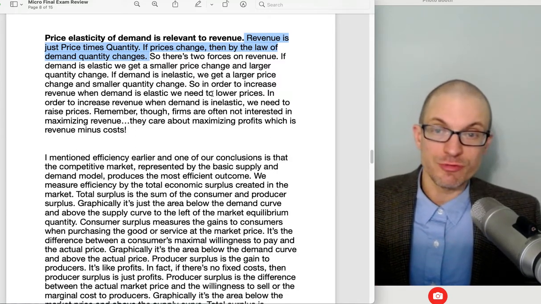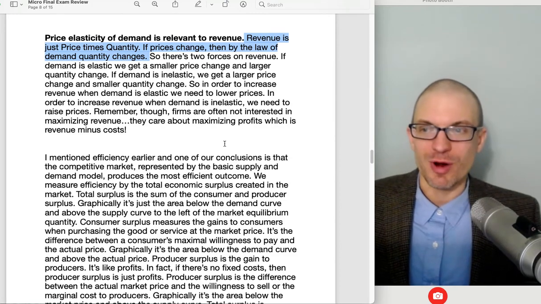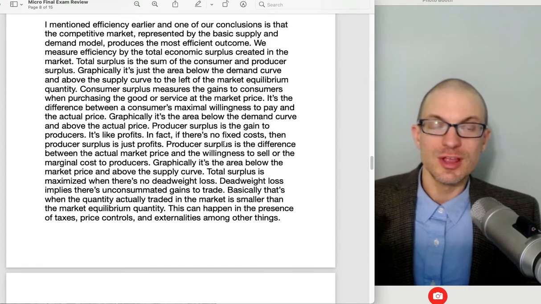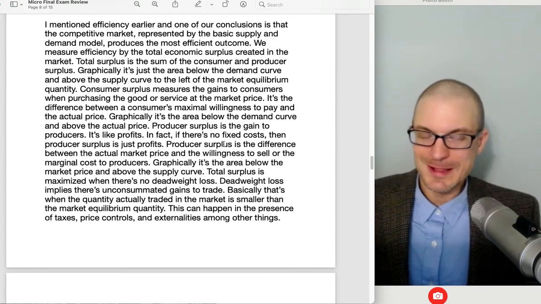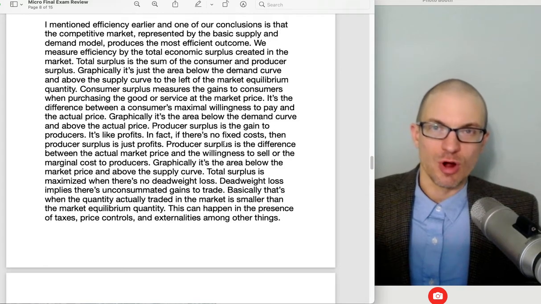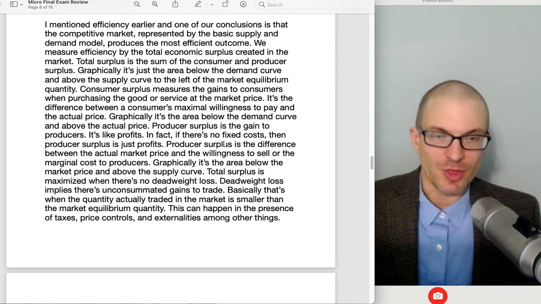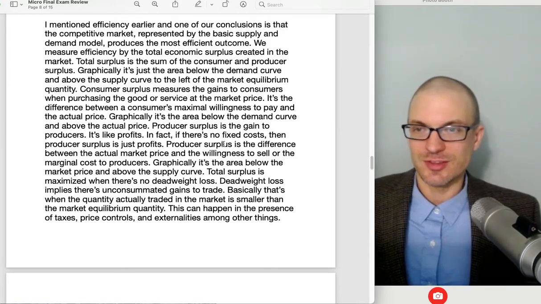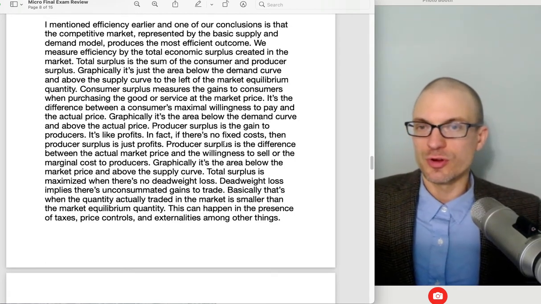Though remember, firms are not often interested in maximizing revenue. They care about maximizing profits, and that's revenue minus costs. So if costs are zero, then the firm wants to maximize revenue because it's the same as maximizing profit. It might seem silly to talk about cost being zero, or at least marginal cost being zero, but that's perfect for information goods, which is a lot of internet content, and a lot of other things like weather reports and news reports.